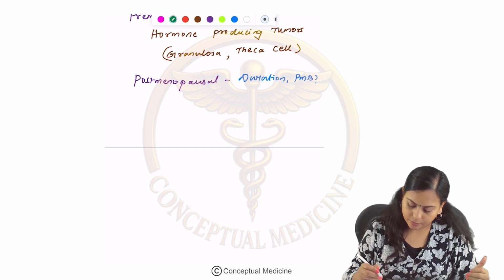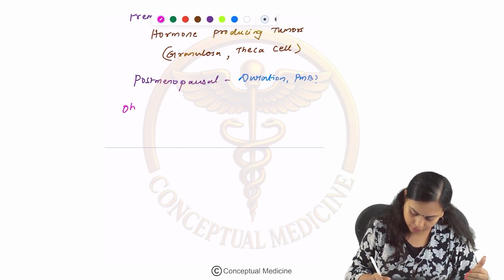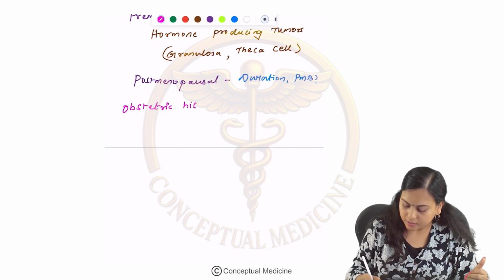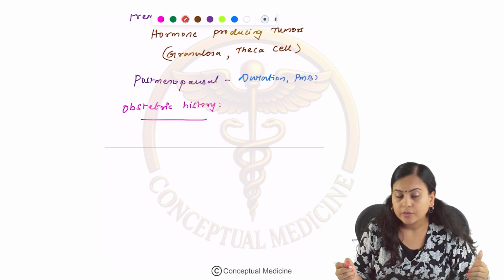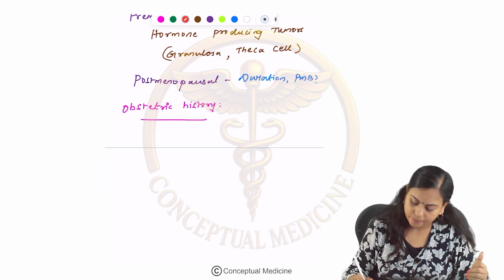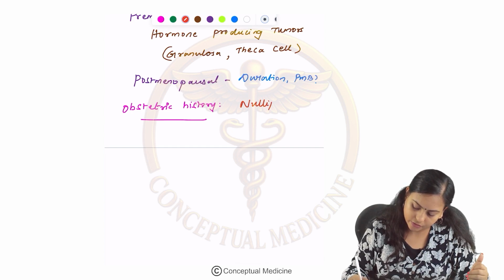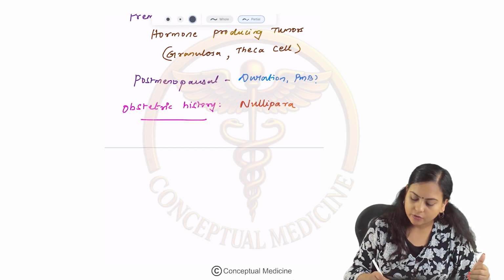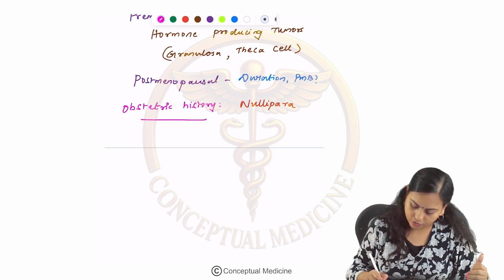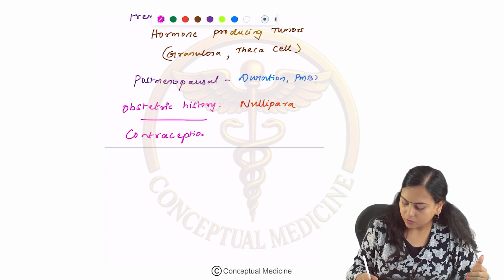Then you have to ask about the obstetric history. When you ask obstetric history, keep in mind the risk of ovarian cancer is going to be more in a case of nullipara. Next, you have to ask about contraception.